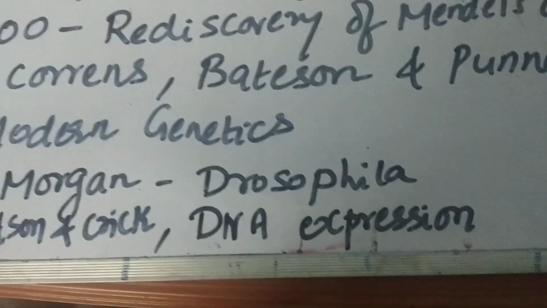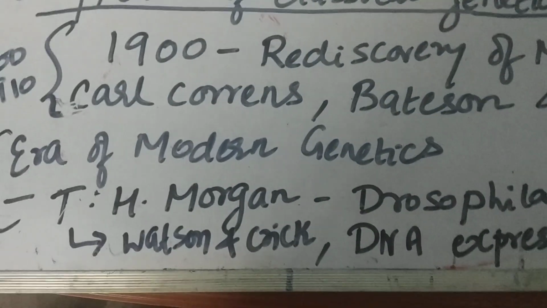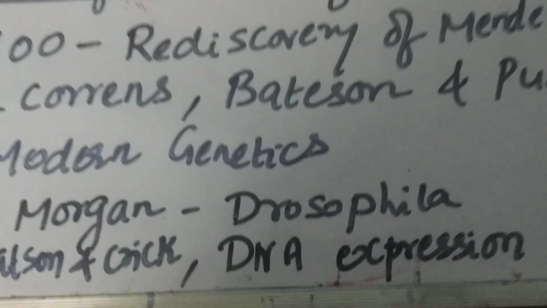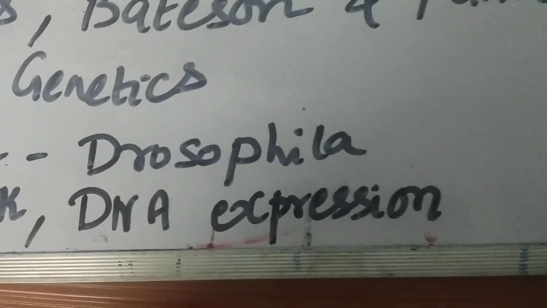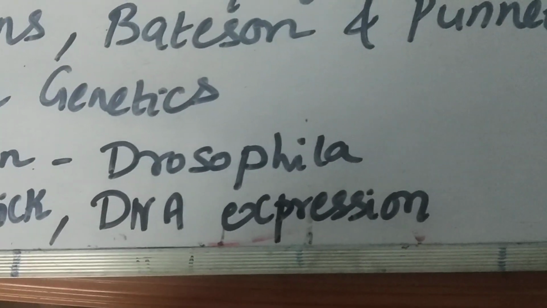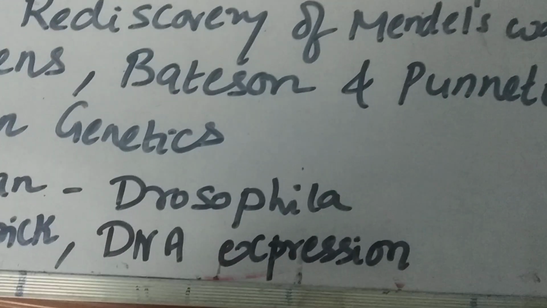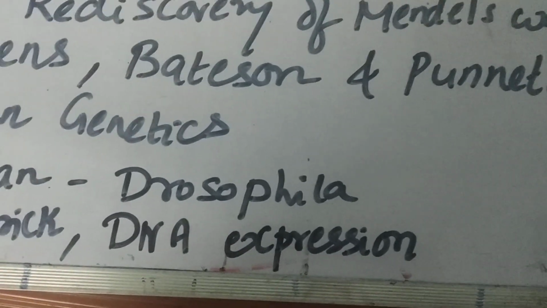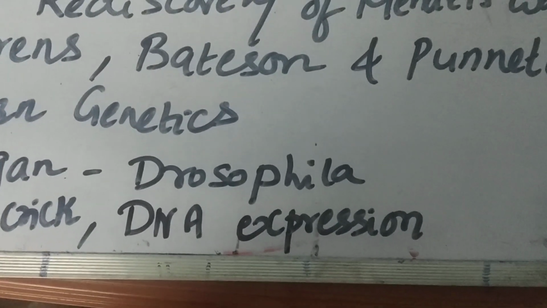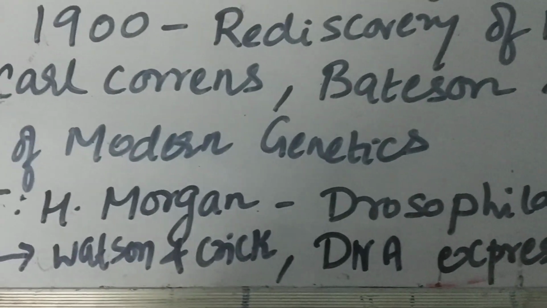We learned a lot of modern genetics, wherein we understood the mechanisms of DNA expression, how DNA replicates, how DNA makes mRNA through transcription, and protein through translation. All this was done during the era of modern genetics.